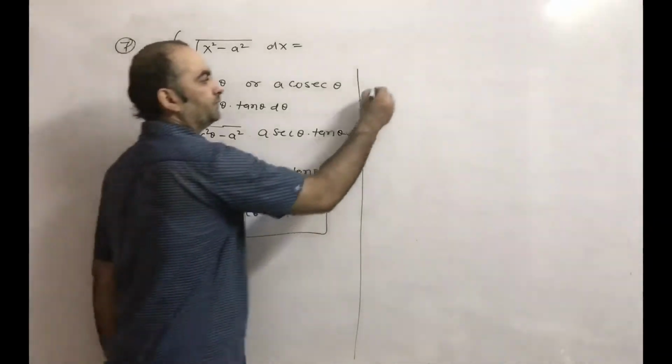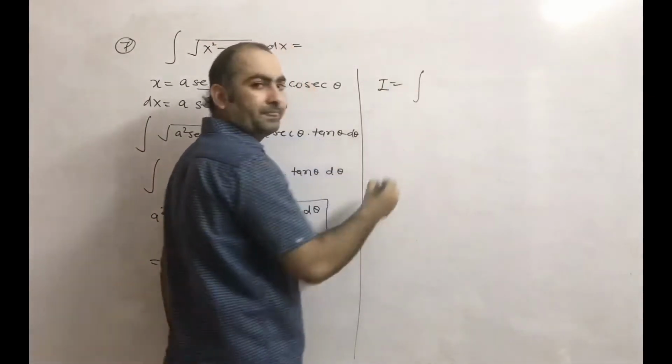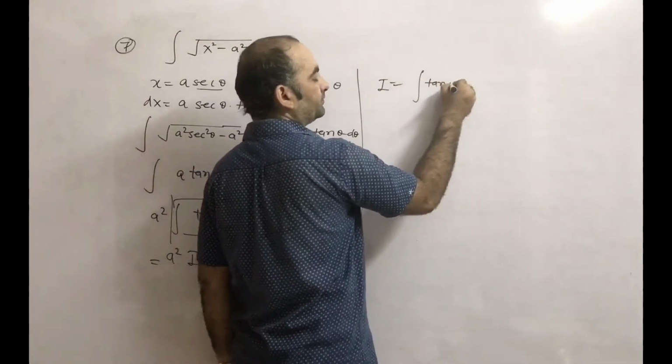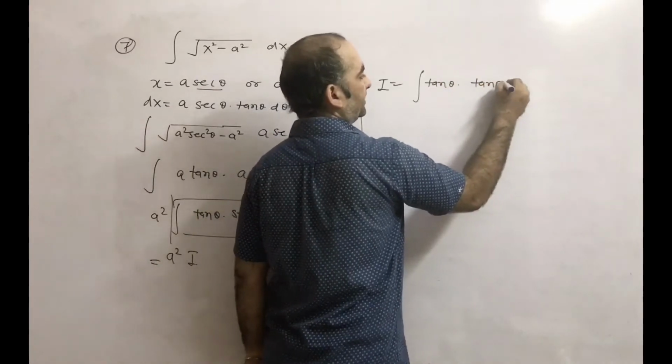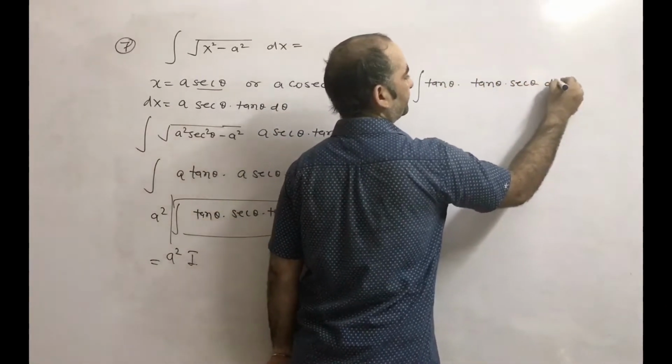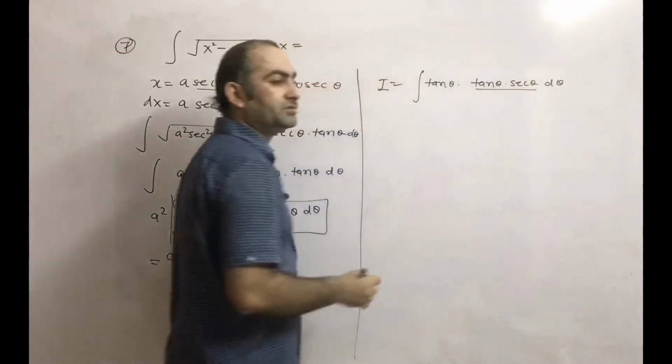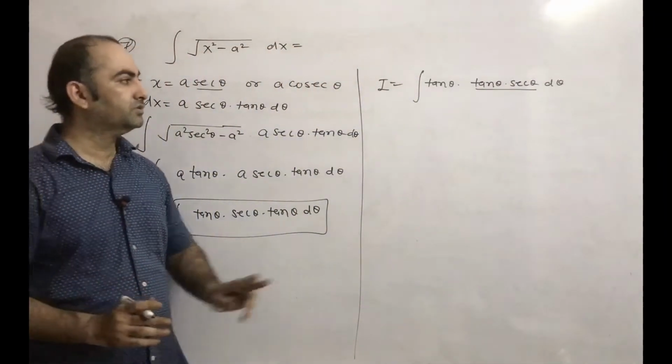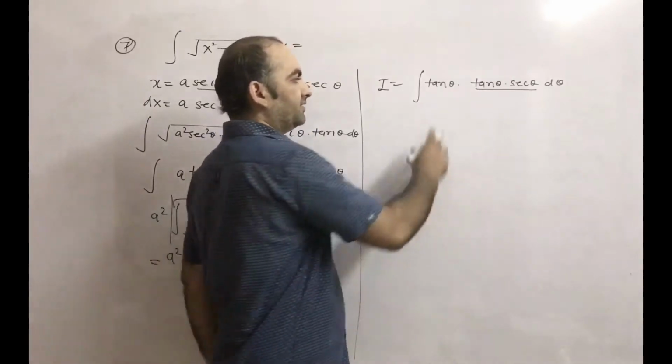So I equals the integration of tan theta into secant theta d theta. We know the integration of secant theta tan theta is secant theta. So we take this one as the integrating function and this one as the differentiating function.